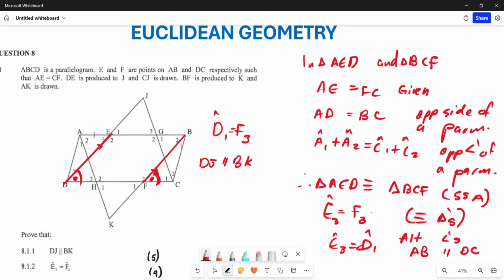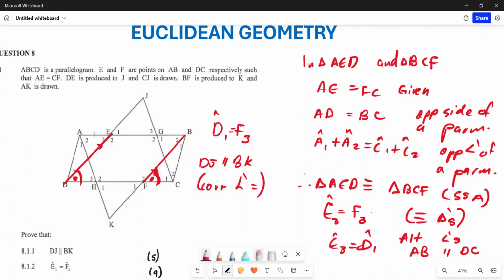The reason is that corresponding angles are equal. So basically that is the proof. Hopefully you can follow what I've done here, right?